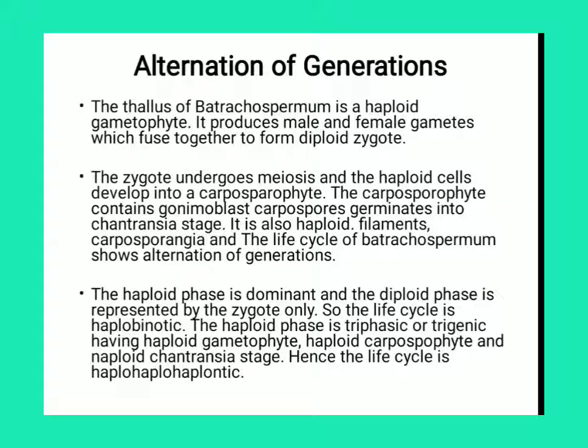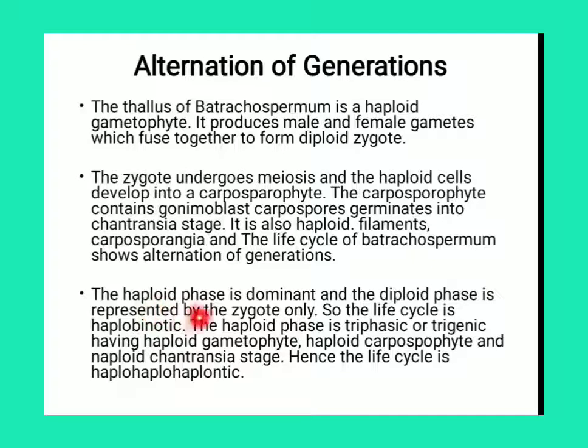The life cycle of Batrachospermum shows alternation of generation, and the haploid phase is dominant and the diploid phase is represented by the zygote. So their life cycle is haplobiontic.